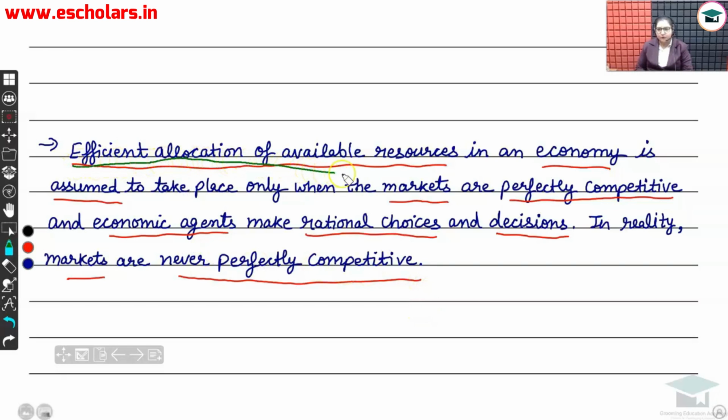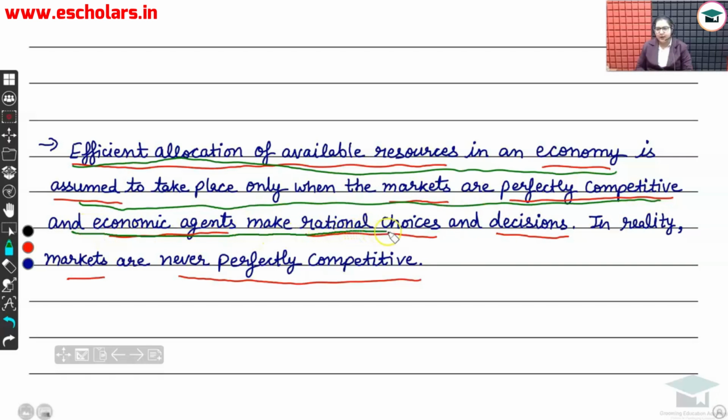Efficient allocation of available resources in an economy is assumed to take place only when the markets are perfectly competitive and economic agents make rational choices and decisions. In reality, markets are never perfectly competitive.